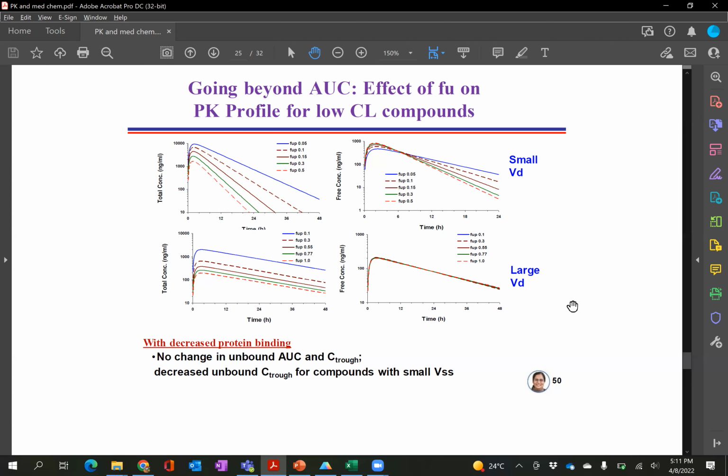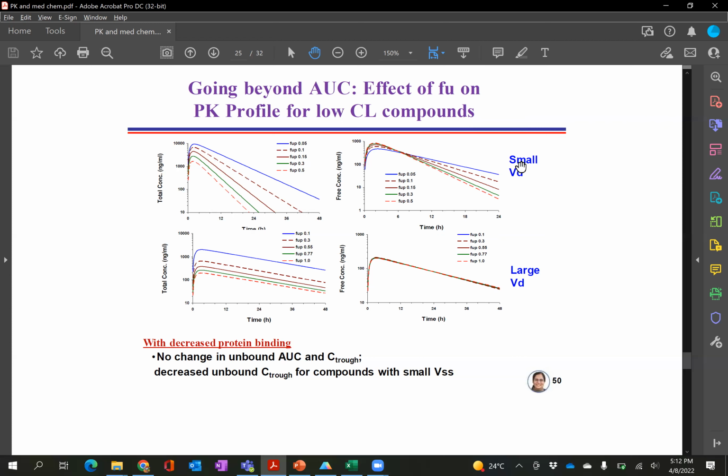With large volume of distribution, essentially no matter how you change the unbound fraction, the AUC and also the Ctrough don't change. Ctrough is the lowest concentration, here at 24 hours or 48 hours. It doesn't change for large volume of distribution. That's basically how they get this.